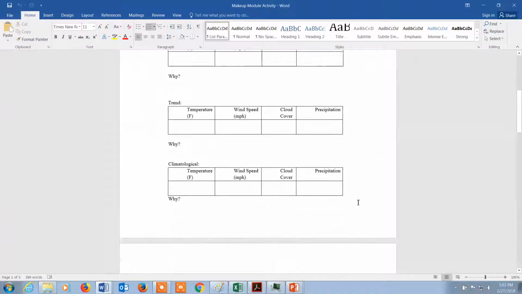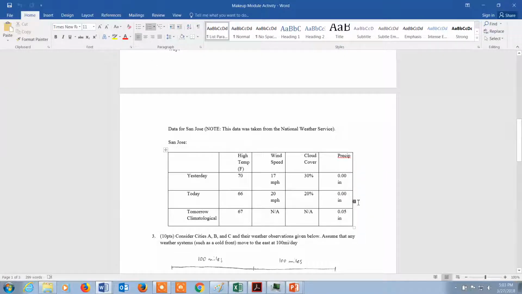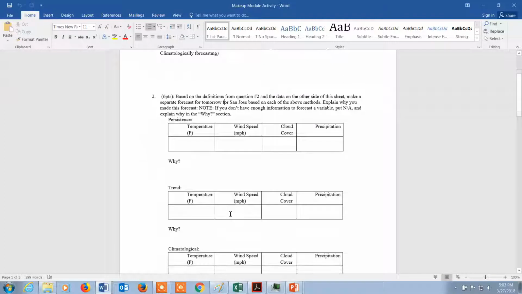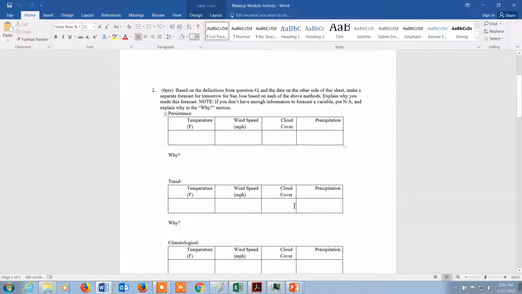So if you go back to the data table here, the weather conditions today were a temperature of 66, a wind speed of 20, a cloud cover of 20%, and no precipitation. So for a persistence, you would just do the same thing. Whatever the weather was today is the weather tomorrow.